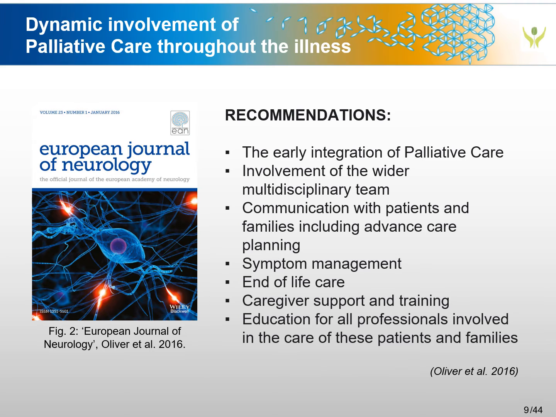The main areas in which consensus was found and recommendations could be made are in the early integration of palliative care, involvement of the wider multidisciplinary team, communication with patients and families including advance care planning, symptom management, end-of-life care, caregiver support and training, and education for all professionals involved in the care of these patients and families. In this relevant document, palliative care is recommended to be integrated early in the care of people with neurological disease.